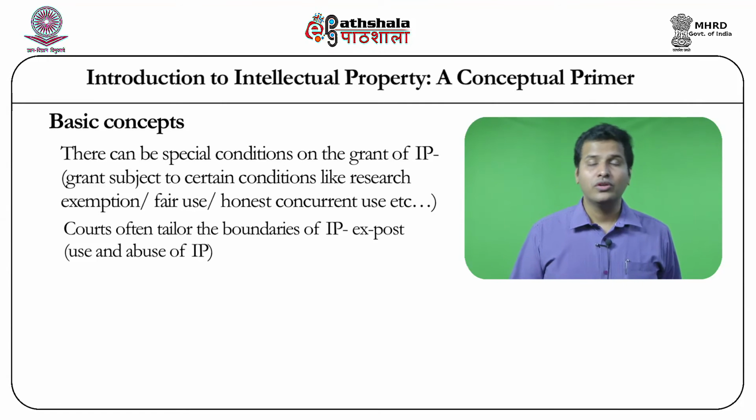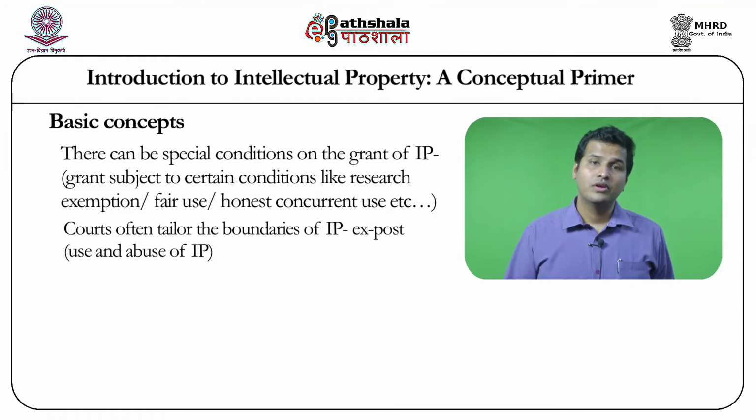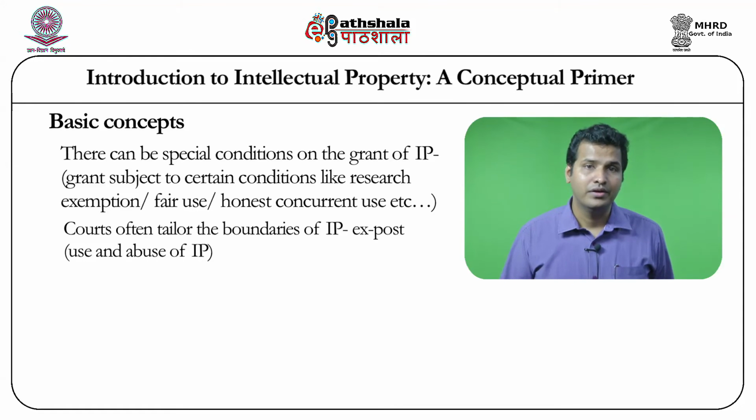Similarly, courts can also tailor the boundaries of IP in the sense that, for example, since copyright does not require registration and registration is voluntary in copyright, the question of the threshold requirement of originality, which is required for all kinds of works involving copyright, will ultimately be decided in a litigation by a court of law.